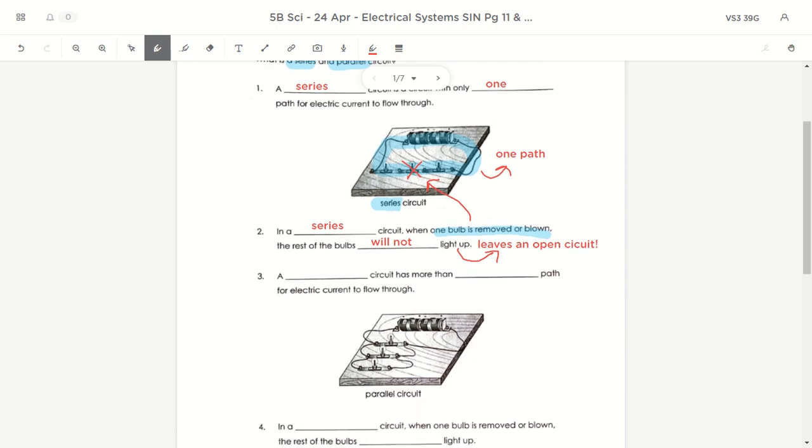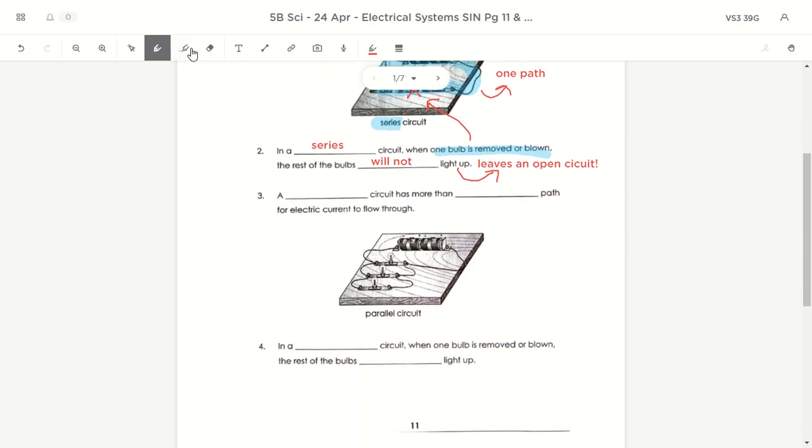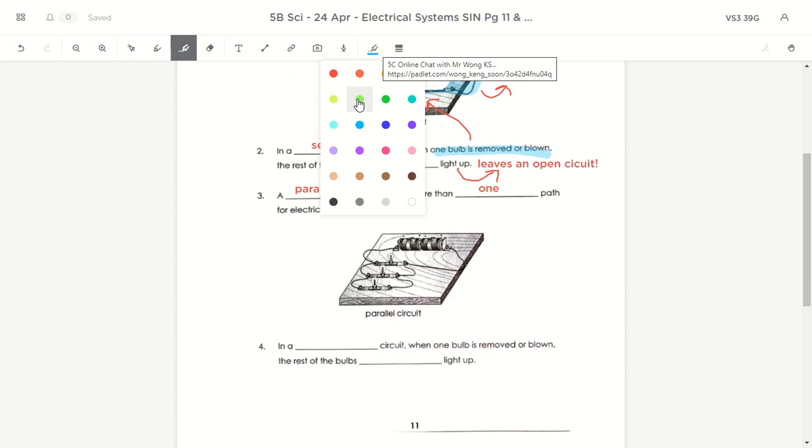Okay, so on the other hand, other than series, we have something called parallel. Okay, a parallel circuit has more than one path for the electric current to flow through. So let's look at the path. Let's use a different color. Let's use green.